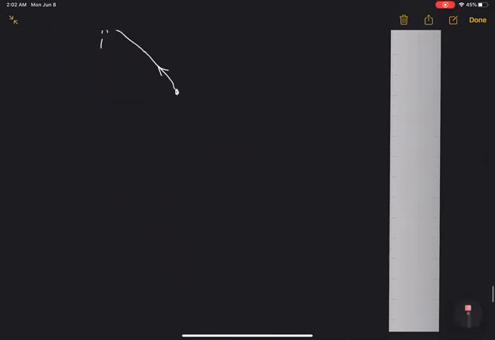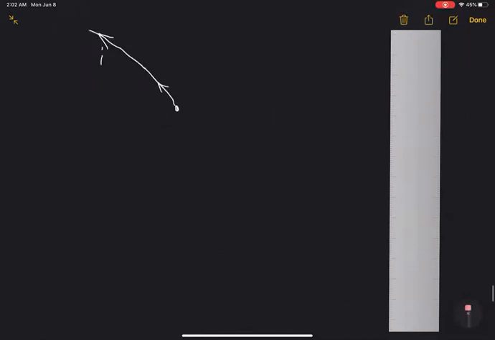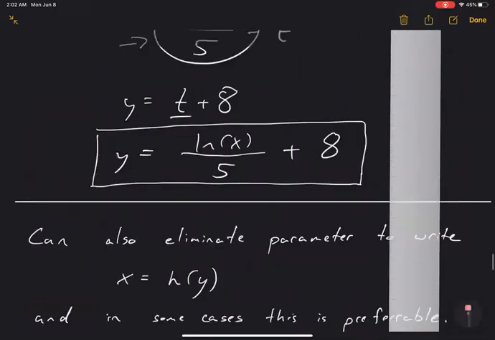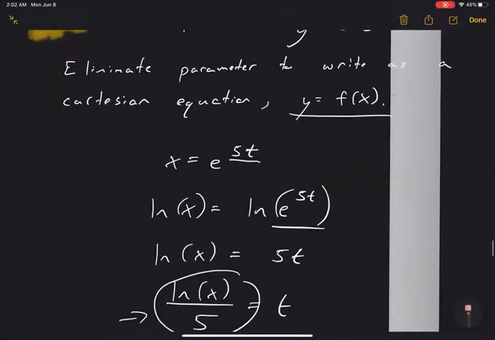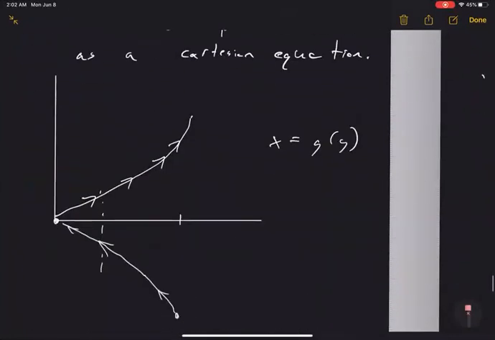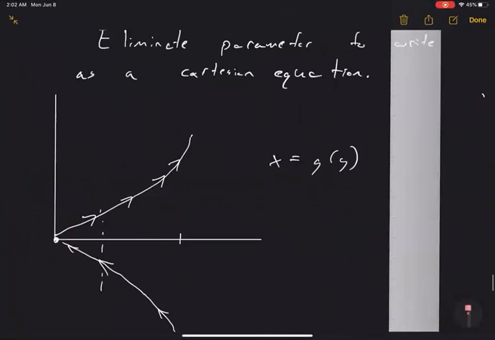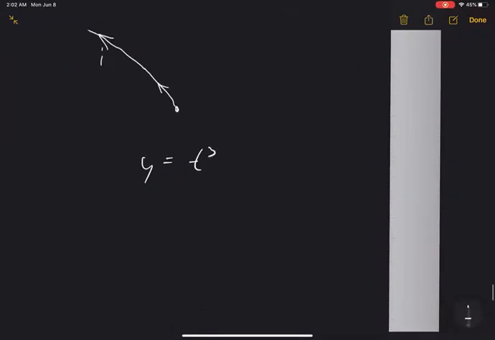So let's see, I have my original x equals t squared and y equals t cubed. My process should be the opposite of the previous example. In the previous example, I solved for t in terms of x. In this example, I'm going to solve for t in terms of y. So I've got y equals t cubed.